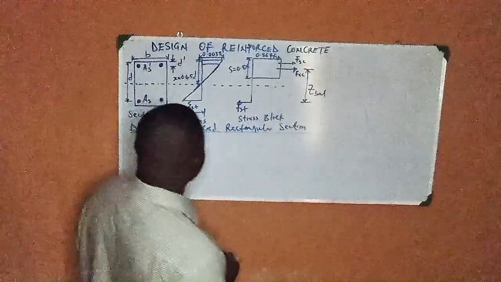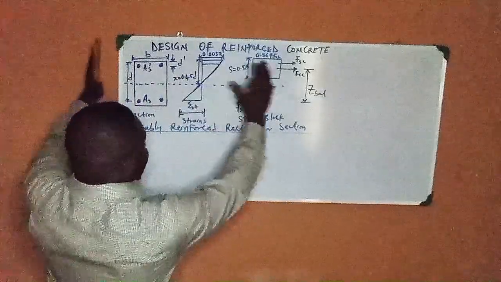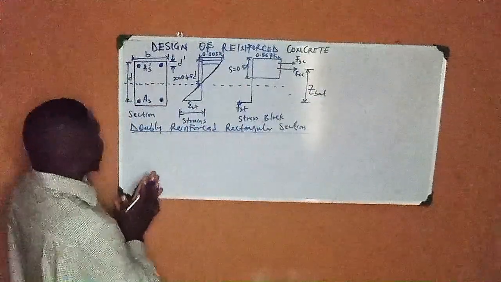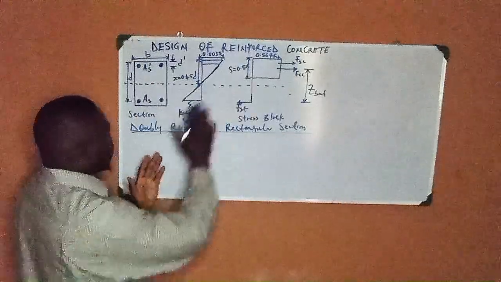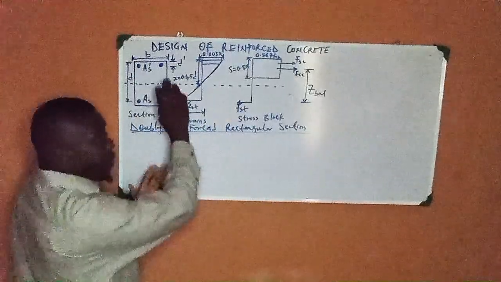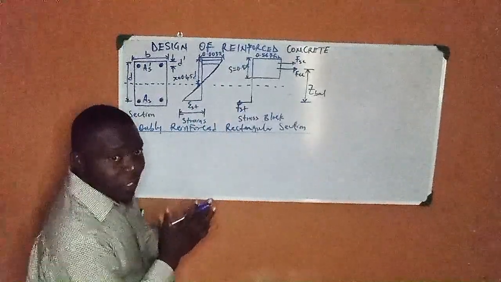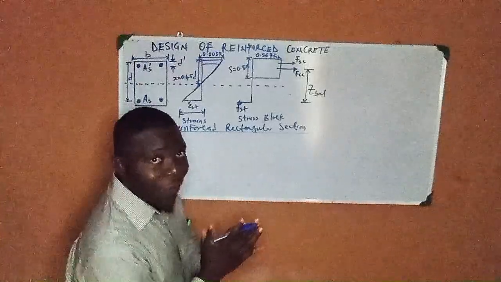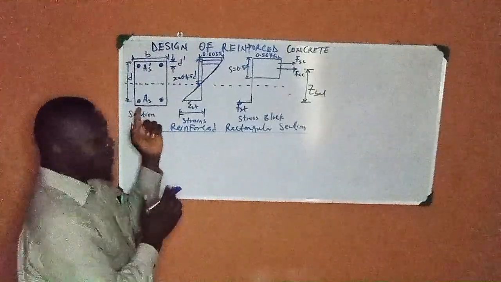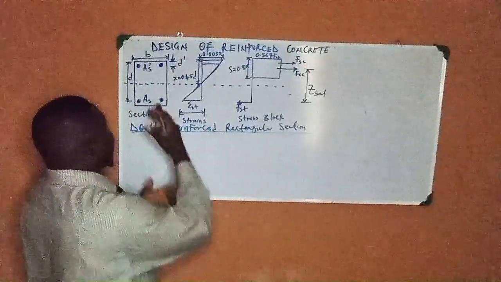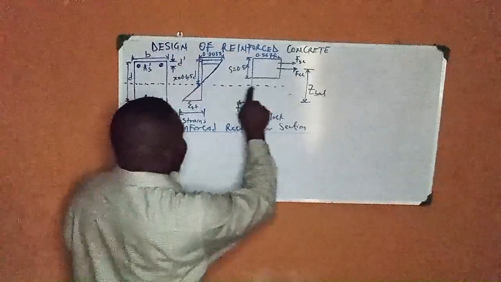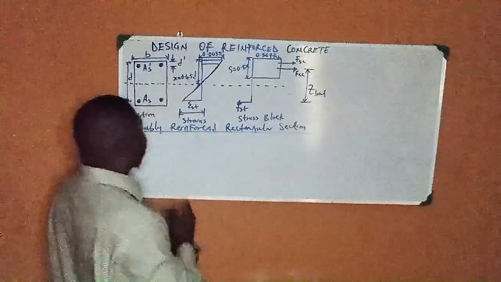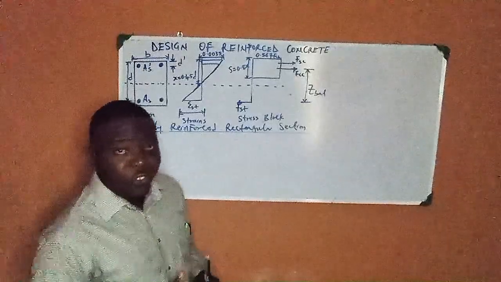So now look at the diagram before us. This diagram shows that the section is reinforced doubly. Thus, reinforcement has been provided in the tension zone and also in the compression zone. Look at our neutral axis, this dotted line. You can see our neutral axis separating the tension zone from the compression zone.